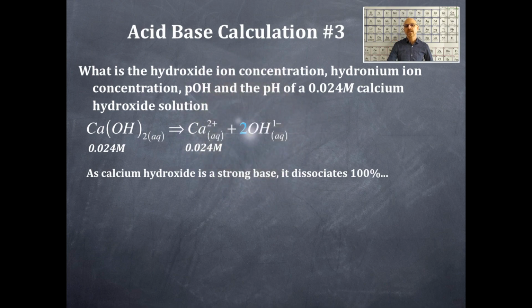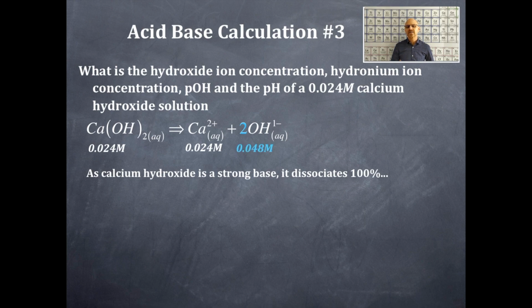I'm going to point out this 2 stoichiometric coefficient, and that is an important number here, because the mole ratio between calcium hydroxide and the hydroxide on the product side is 1-to-2 respectively. Therefore, to get the hydroxide ion concentration, I'm going to take the calcium hydroxide concentration and multiply it by 2.